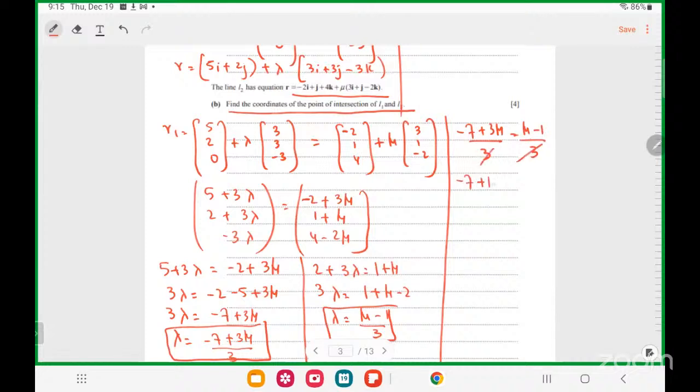Minus 7 plus 1, mu minus 3 mu. Minus 6 is minus 2 mu. Mu is 3. Once mu is 3, lambda is mu minus 1 upon 3, that is 3 minus 1 upon 3, which is 2 upon 3.